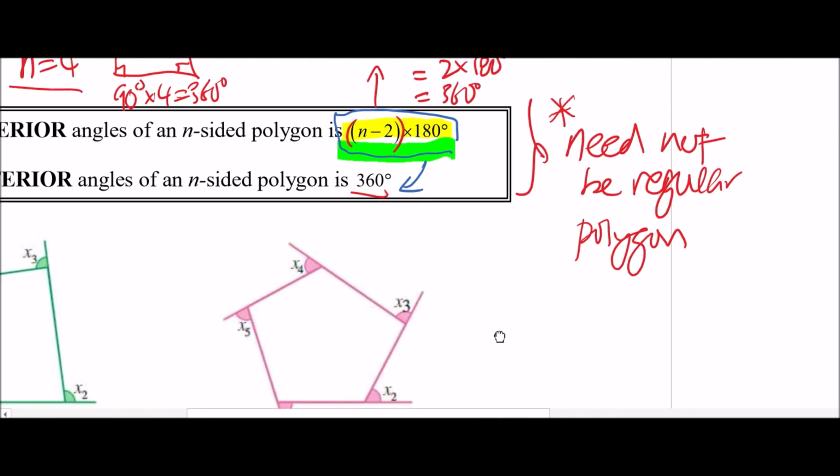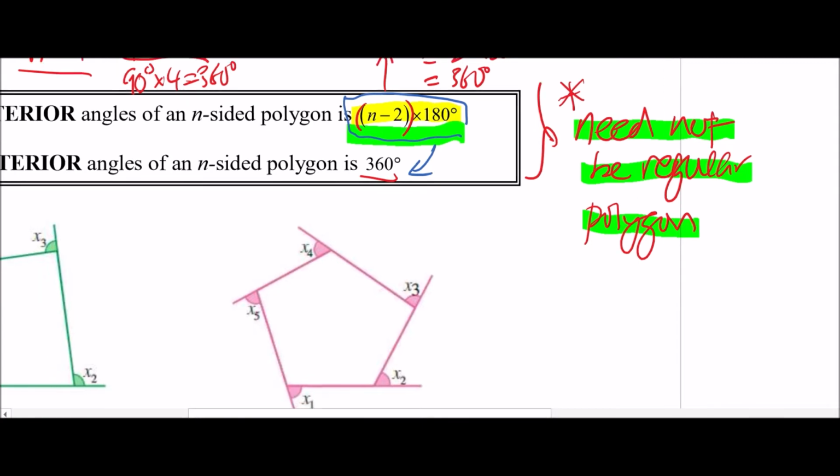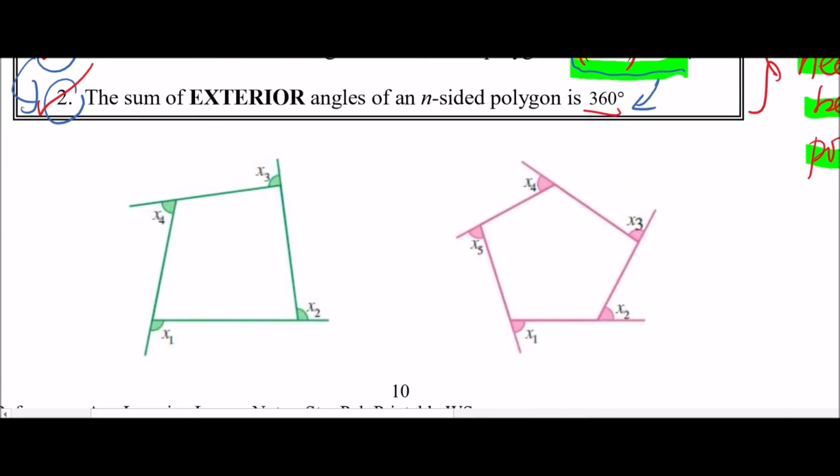But at this point, I need to highlight to you that for these two formulas, please remember very carefully, it need not be a regular polygon. That means it applies for any polygon, can be regular, can be non-regular. If you look at these two examples here, clearly they are not regular polygons, so this still applies.